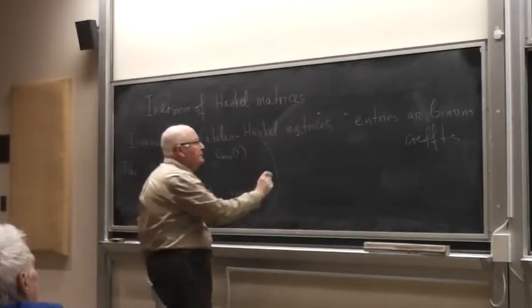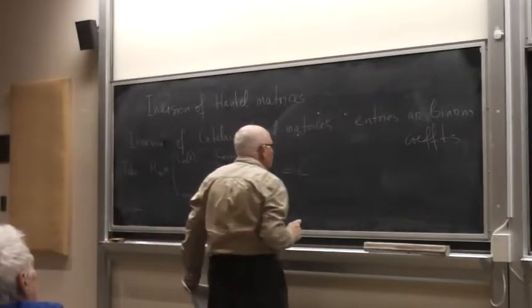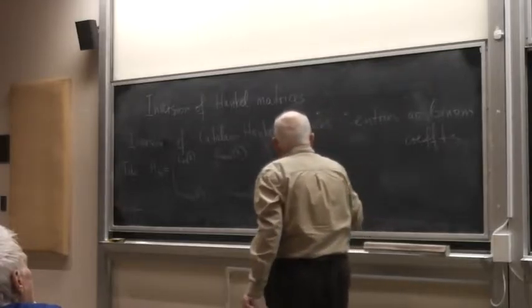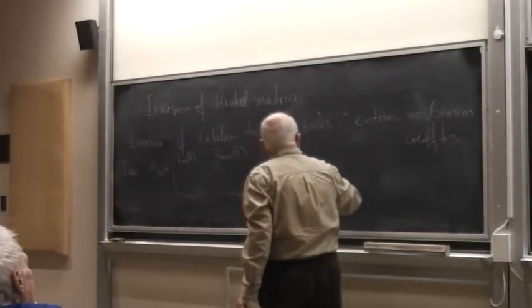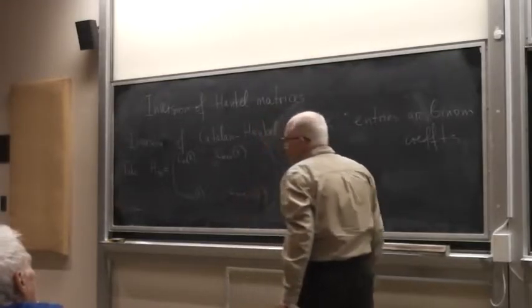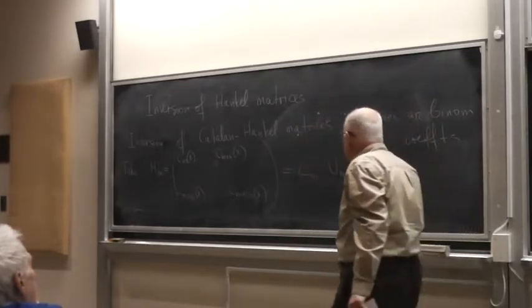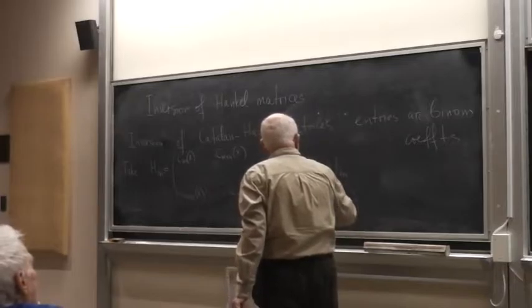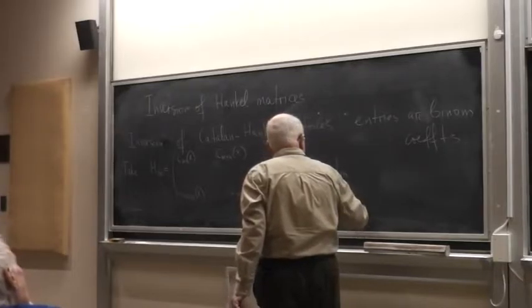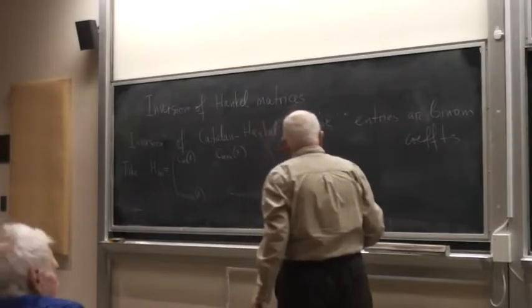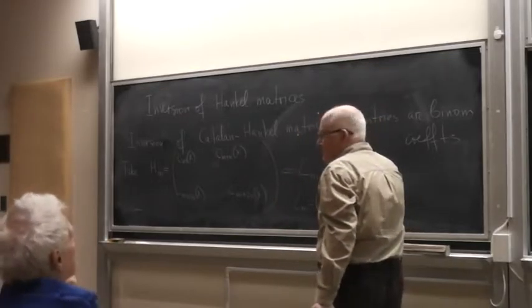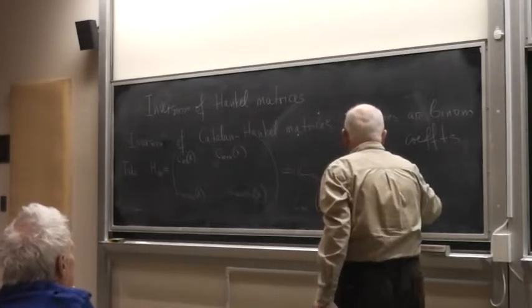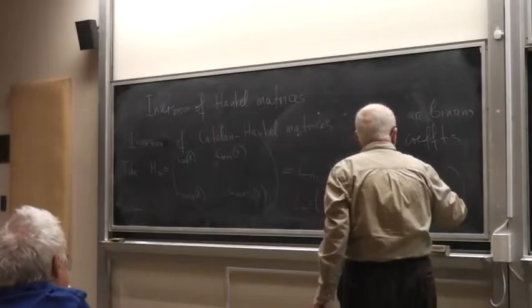First, you present this as a product of a lower triangular and, say, an upper triangular matrix. Let me assume that here I have a matrix with 1 on the diagonal, and for the upper triangular matrix I do not require this.